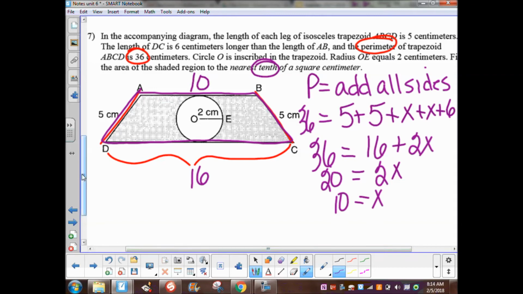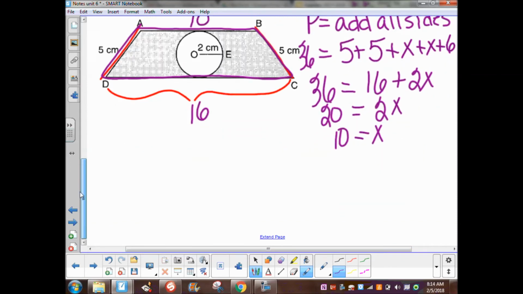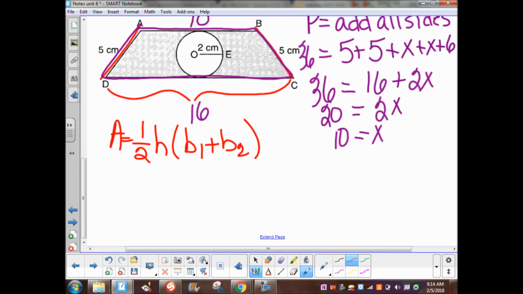It's not on your green sheet. So we have area equals 1/2 the height times base 1 plus base 2. And I know the area of a circle, that's on my green sheet, pi r squared. And if I want to find the area of the shaded region, I know I need to subtract.